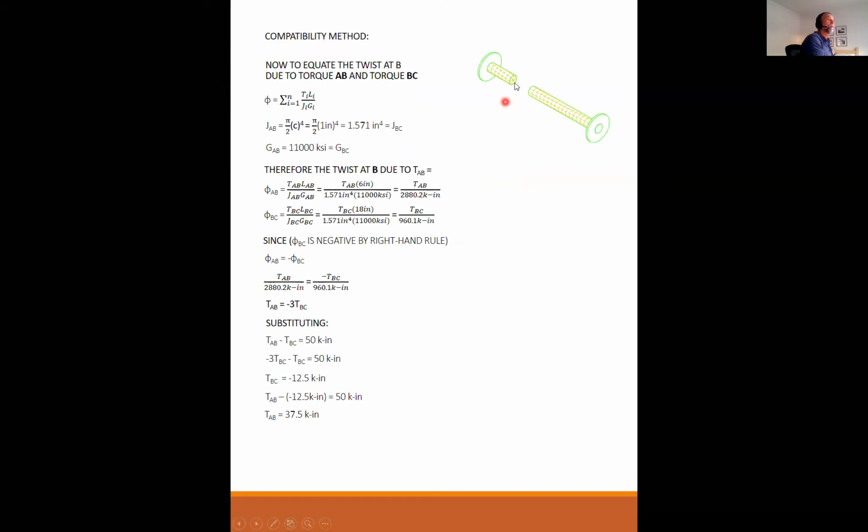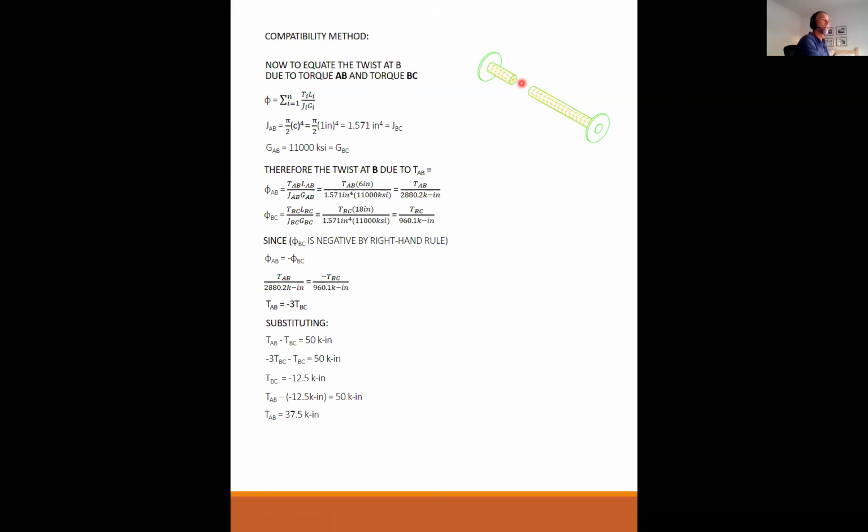So if I want the twist at B, the twist at B is found from the equation TL over JG, but it's a relative. So if I find over segment AB, it's only because at A here, there's 0 twist.